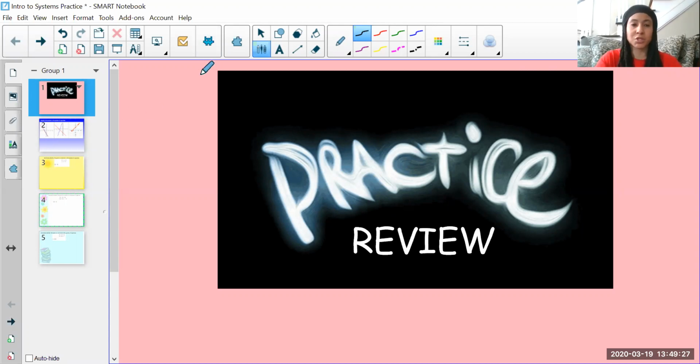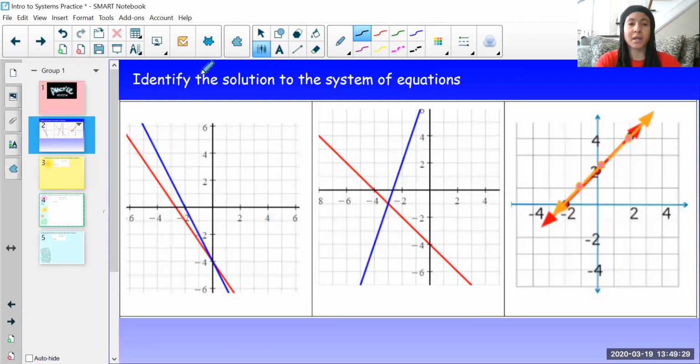So the first question that we had was about identifying the solution to the system of equations. Keep in mind, in order to identify the solution to the system of equations, we have to see where the two lines intersect. Once again, intersect means where they touch or where they cross. For our first system of equations, we see that the lines touch right here.